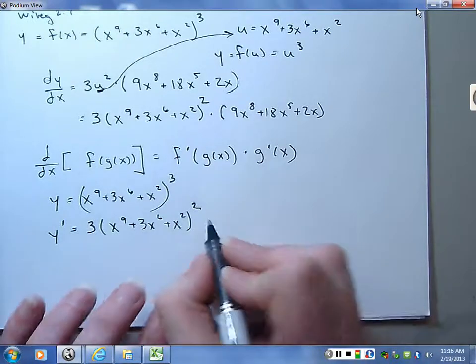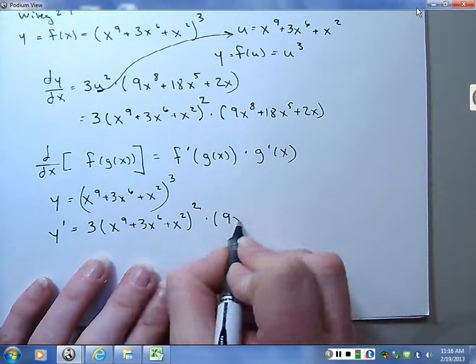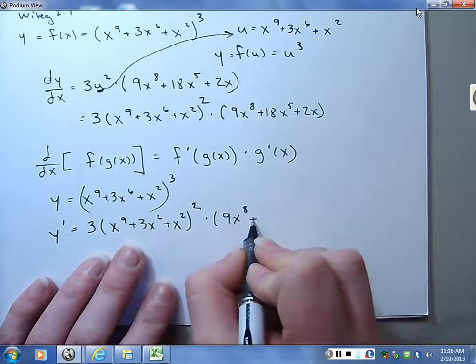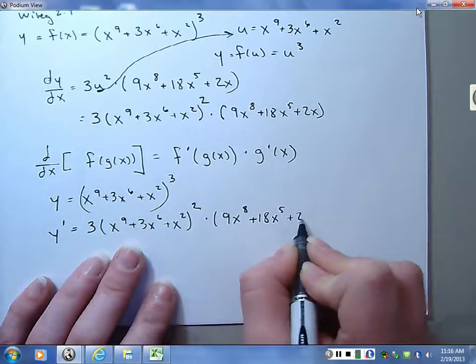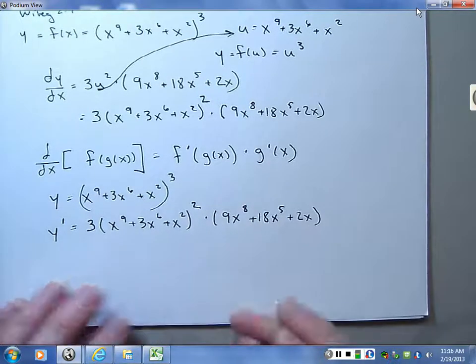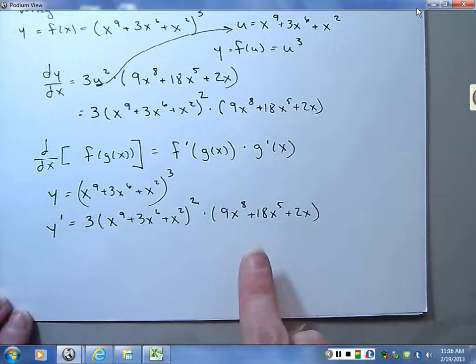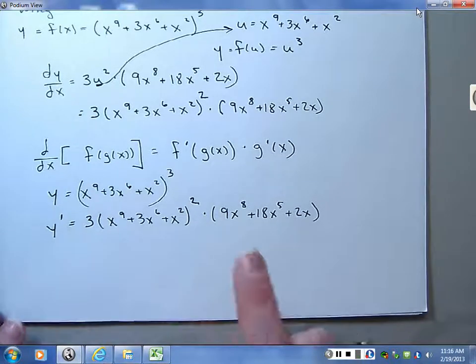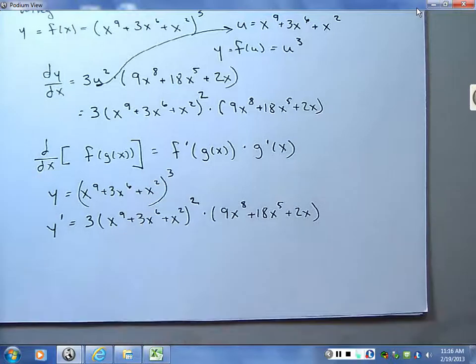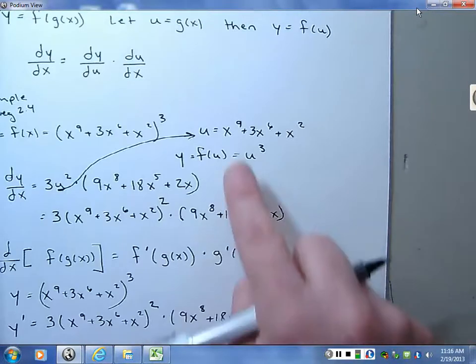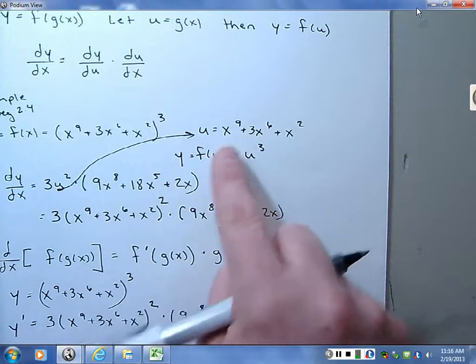So now I'm taking the derivative of the inside, which would be 9x to the 8th plus 18x to the 5th plus 2x. So basically I just got the derivative by doing it in our head by starting on the outside, evaluating the inside times the derivative of the inside. I didn't specifically have to write out the two relationships.